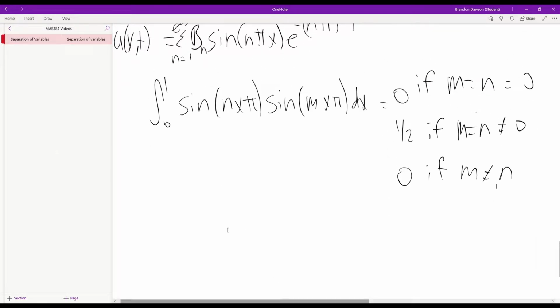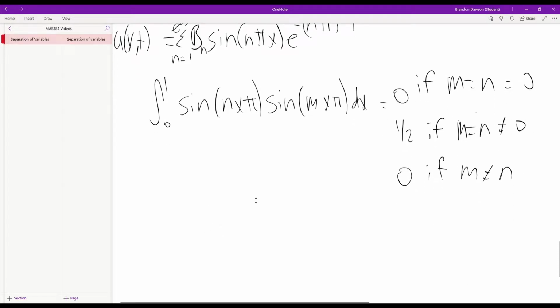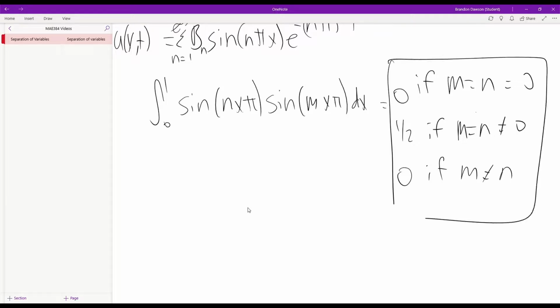This can be proved using some trigonometric identities. However, for the purposes of this problem, I will not go through that derivation. But this is essentially what it tells us.